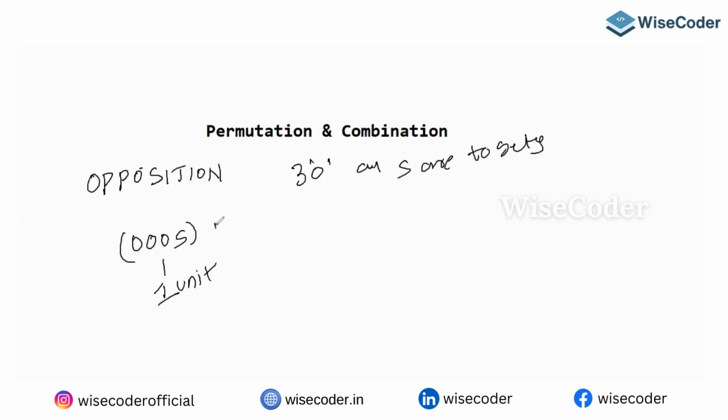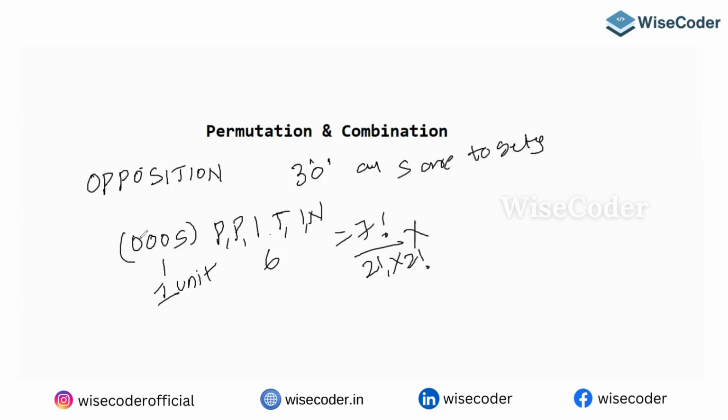When this is done, I am left with P, I, T, I and N. These are 6, so total is 7 factorial. Out of this, 2 P's are repeating and 2 I's are repeating. Is your question done? No, your question is not yet done.